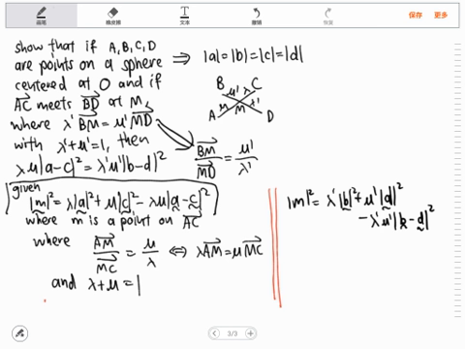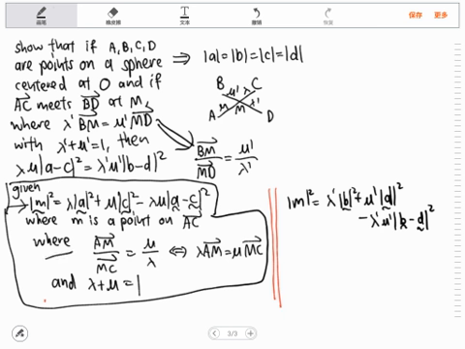So you realize that the question in part 1 shows that this equation is true if these conditions are satisfied: M is a point on AC with AM over MC equals μ over λ, and λ plus μ equals 1. We can say similar things for BD. Just now this was for AC, AM and MC.